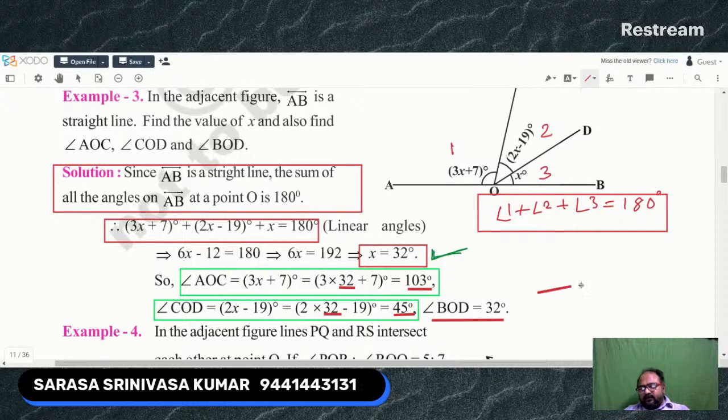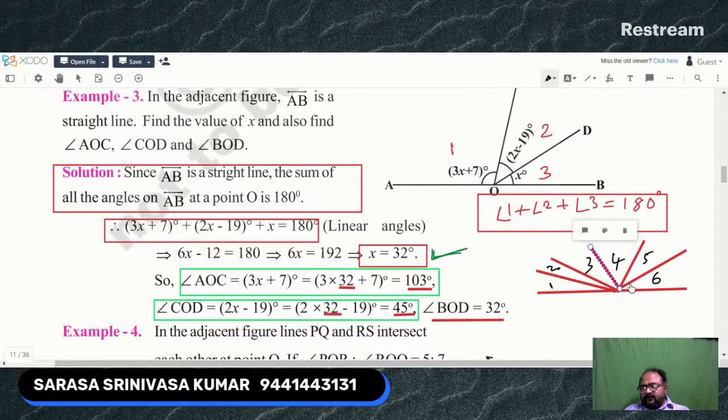Let me draw another diagram. Here I am considering different rays on this straight line. So the sum of all these angles, this is angle 1, angle 2, angle 3, angle 4, angle 5, angle 6. The sum of all these angles is equal to 180 degrees.